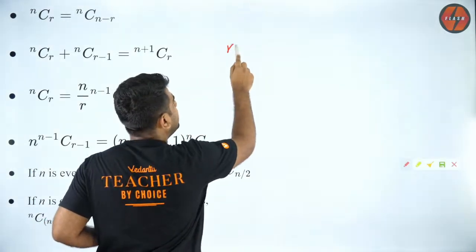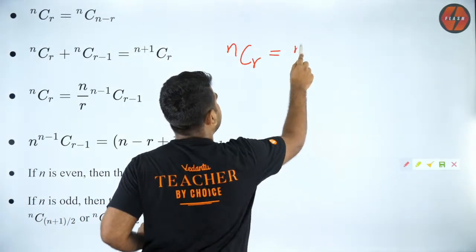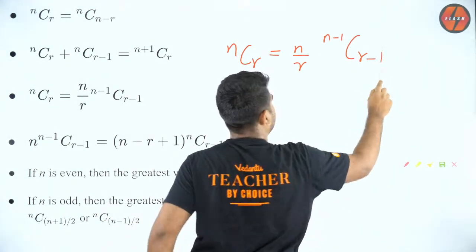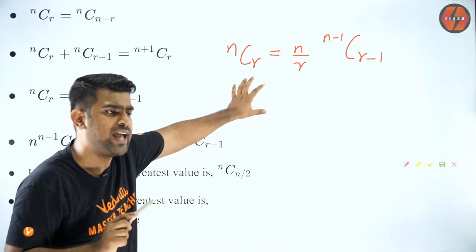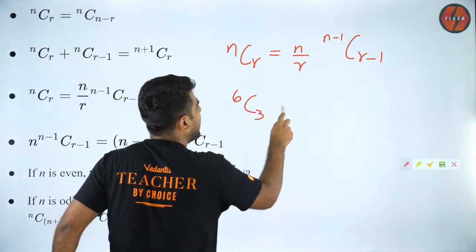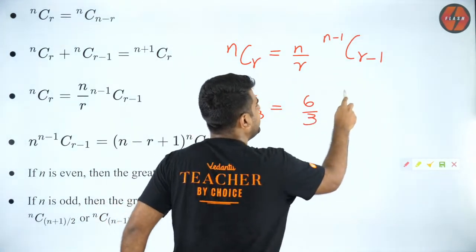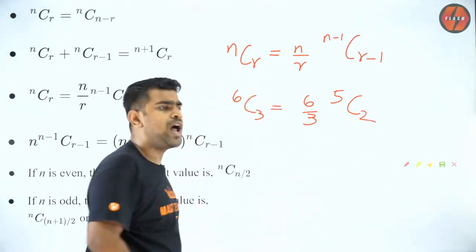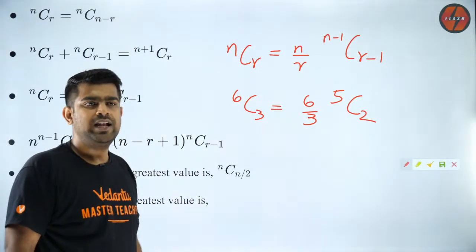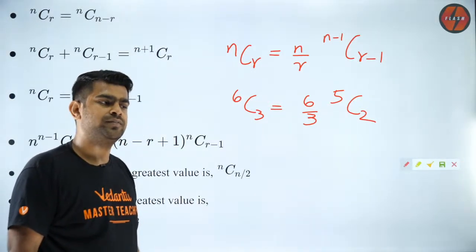For example, if you have nCr, it is nothing but n by r into (n minus 1)C(r minus 1). Very easy to apply. For example, if I have 6C3, I can say it is 6 by 3 into 5C2. Don't you all agree with me on that? Everybody clear with it?